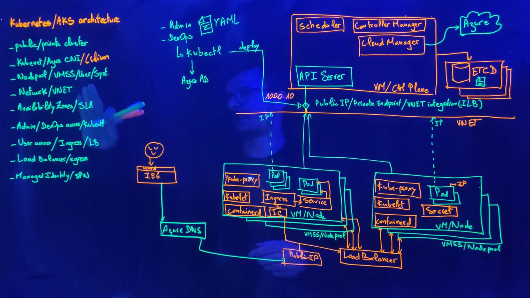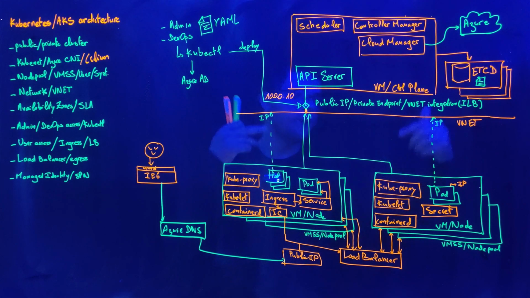And again, if we are using Azure CNI or Cilium with the overlay mode, then those pods will not have an IP address within that VNet. They will use the internal Kubernetes network to get an IP address from there. And then the Azure route table will be used in order to make the communication between those different pods possible.